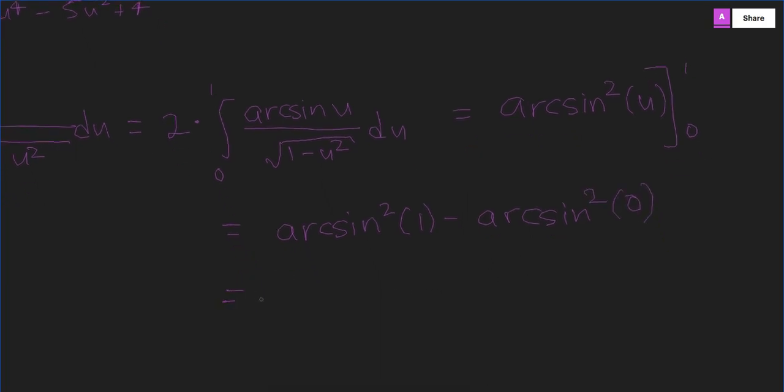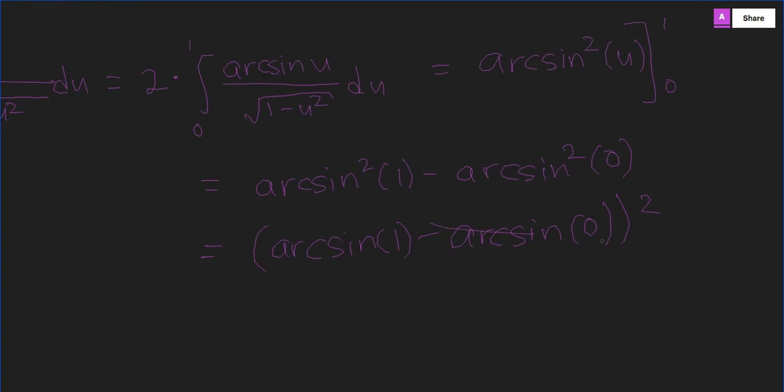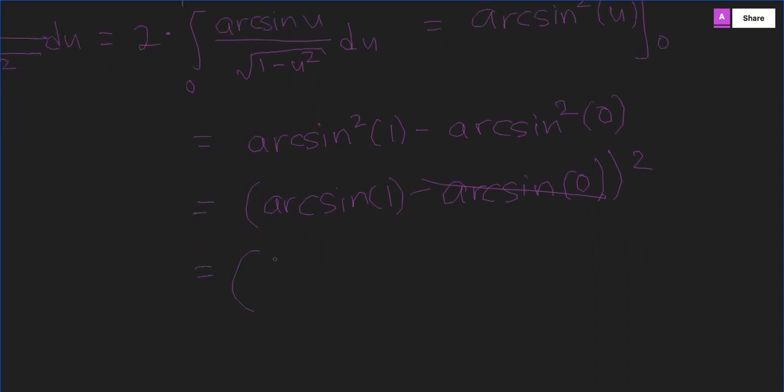So this becomes arcsin 1 squared minus arcsin 0 squared, and arcsin 0 is 0 because sine 0 is 0, and arcsin 1 is pi by 2 because sine pi by 2 is 1. So this becomes pi by 2 whole squared, which is equal to pi squared over 4, and that's our final answer.